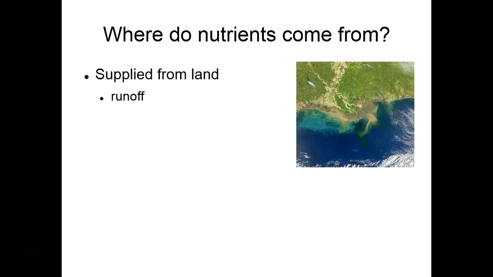One way is that they are supplied from land by way of runoff. So nutrients on land get washed away into the ocean. Cold water also supplies a lot of nutrients because it is able to contain more of those nutrients, because they're more soluble in cold water.